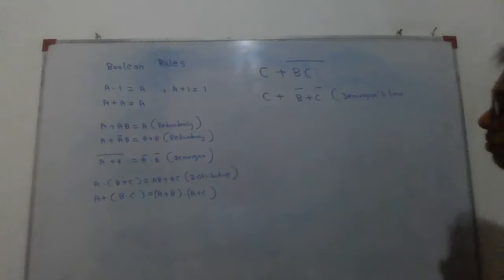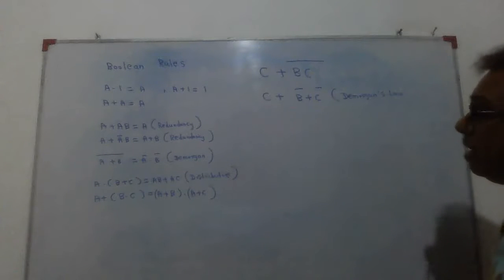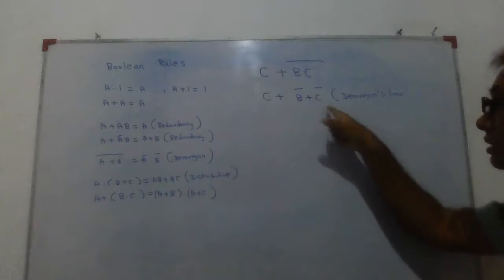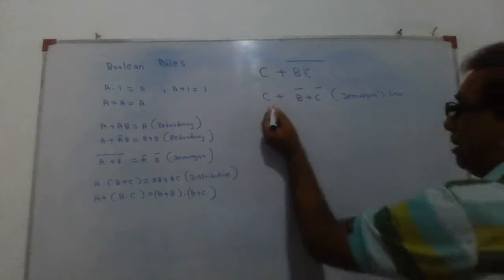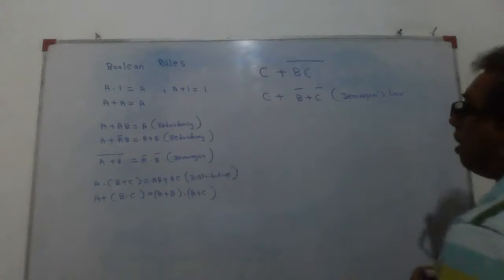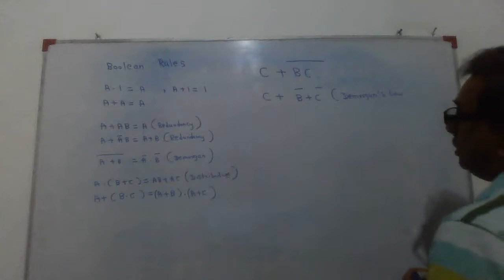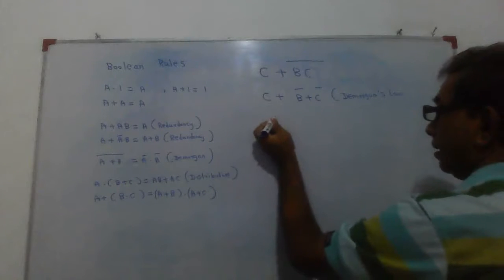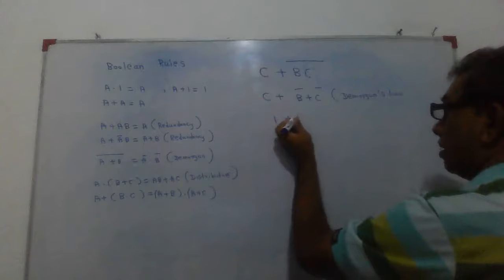Now what can we do? Here we have C, and B against C bar. We can apply C or C bar. C or C bar means 1. We say here 1 or B bar.